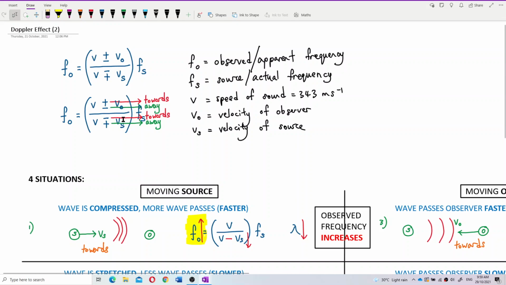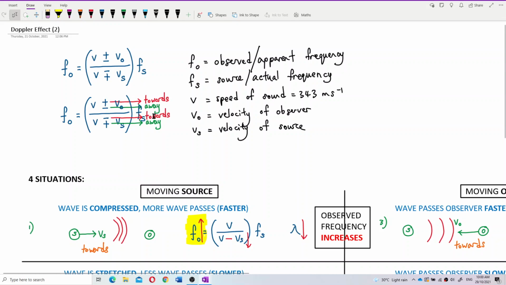For the source velocity it is also the same. The top means the source is moving towards the observer, whereas the below condition is when the source is moving away from the observer. So the top means moving towards, below means moving away.